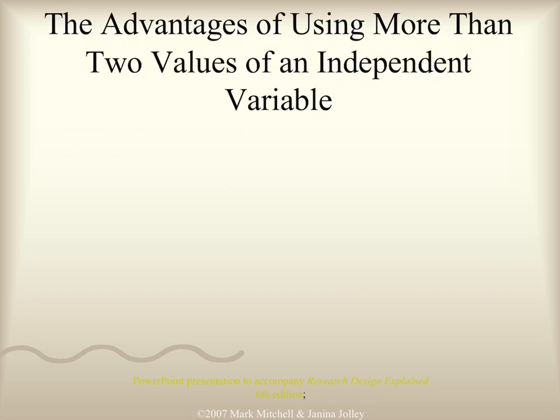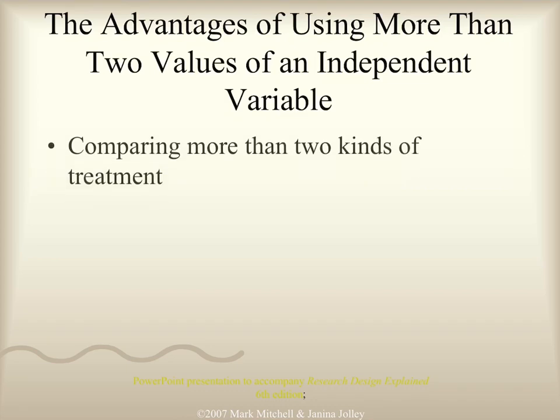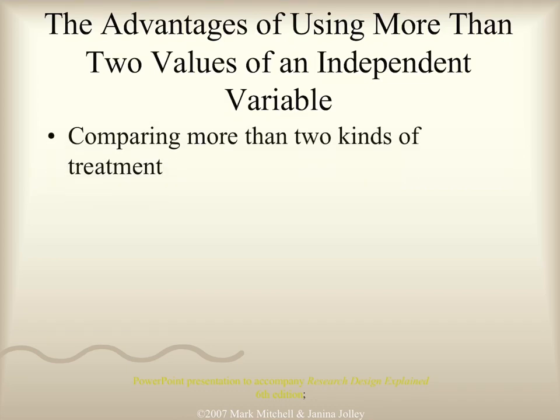There's a few reasons. One, it may be that we're not just interested in whether or not a drug works, but we might want to compare more than two kinds of treatment. So for instance, drug A, drug B, drug C. Let's say we have three different antidepressant drugs, and we want to know which of these three works better, which is going to increase happiness better.